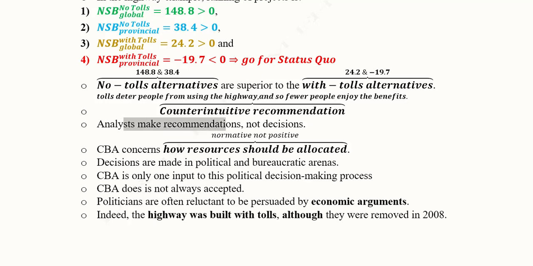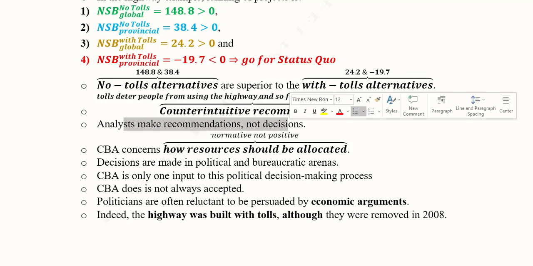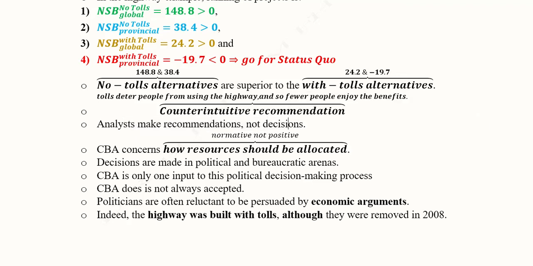The analysts make recommendations and not the decisions. The analysts are not in the position to decide if they should make this kind of highway or that kind of highway. The decision should be undertaken by the authorities, the people, the decision makers in the ministries.